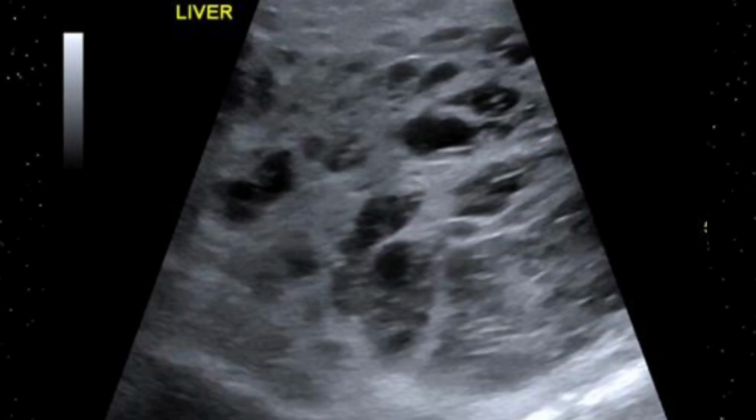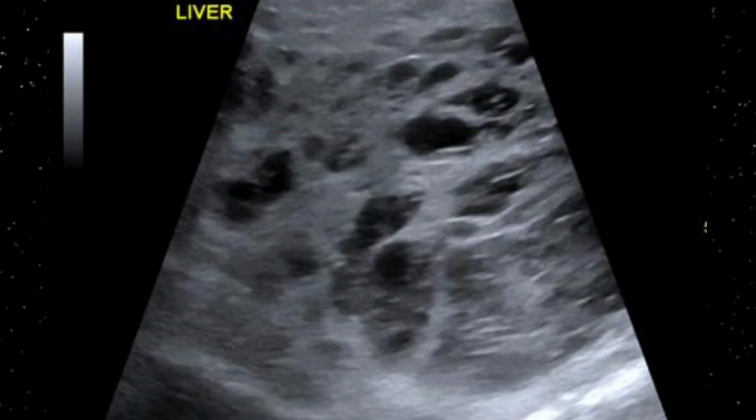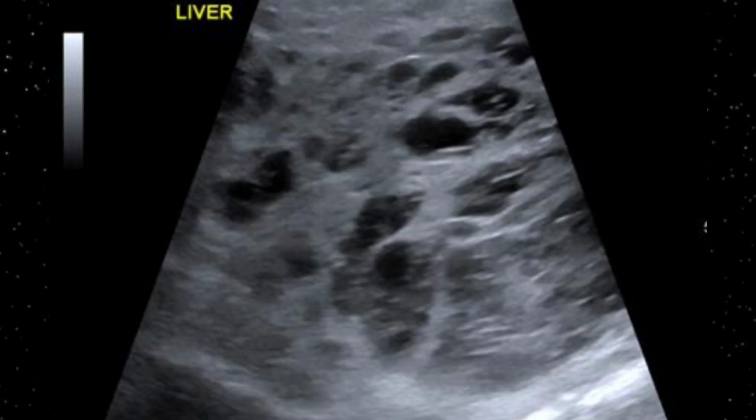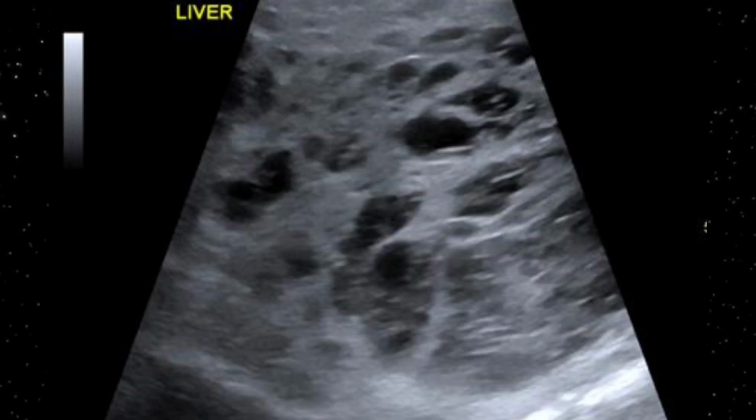We cannot define the margins here, but it was actually a well defined large complex cystic and solid lesion, a heterogeneous lesion. Its size was 25 centimeters and it was compressing the liver parenchyma and displacing the surrounding vessels. In this lesion there was no calcification.